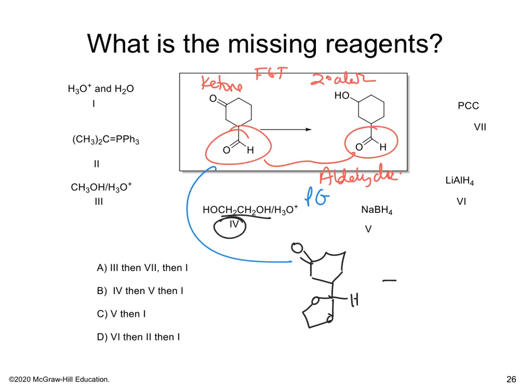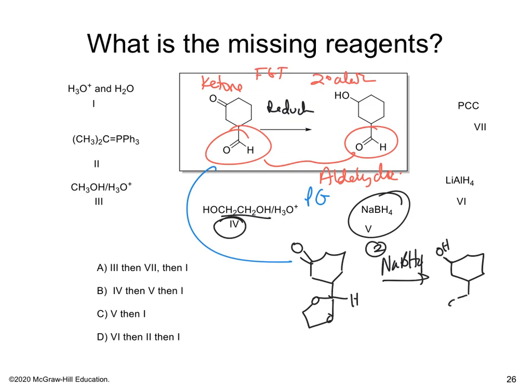And then you can go ahead, this is a reduction. So you need a reducing reagent. You can use a mild one. I would use a mild one. So you can just do a methanol. And then that's going to give you step 2. And when you do these multi-step syntheses, I do recommend you do 1 step at a time, draw your product for that one, and then the next one.